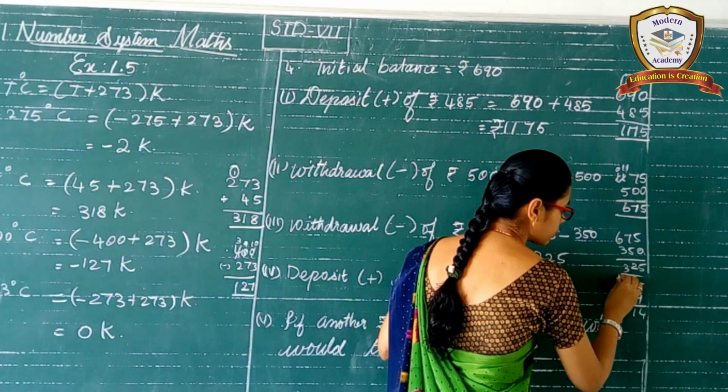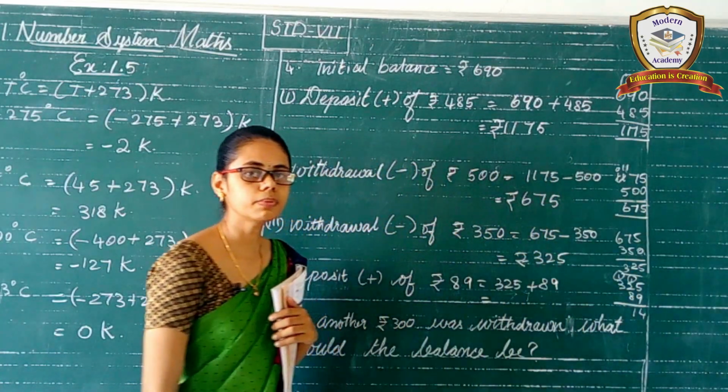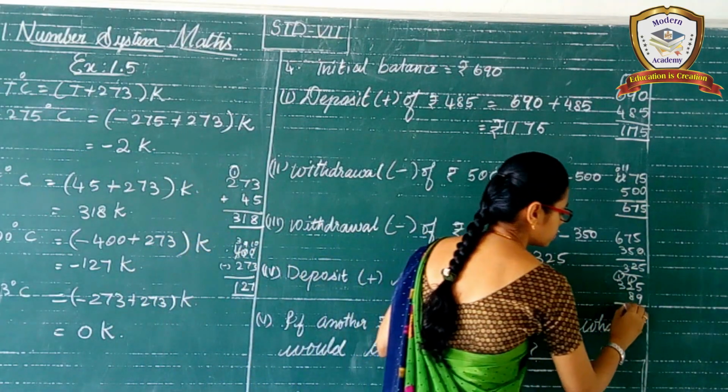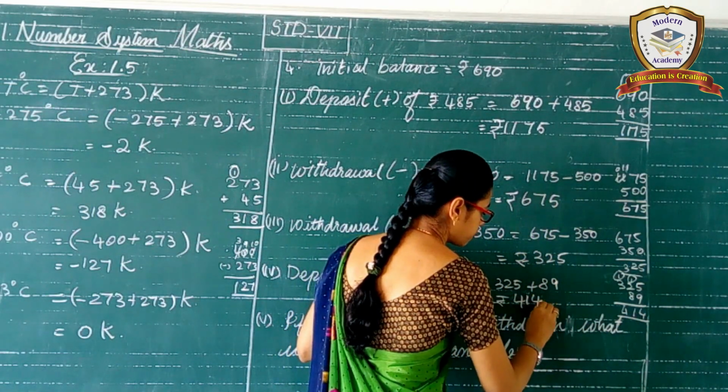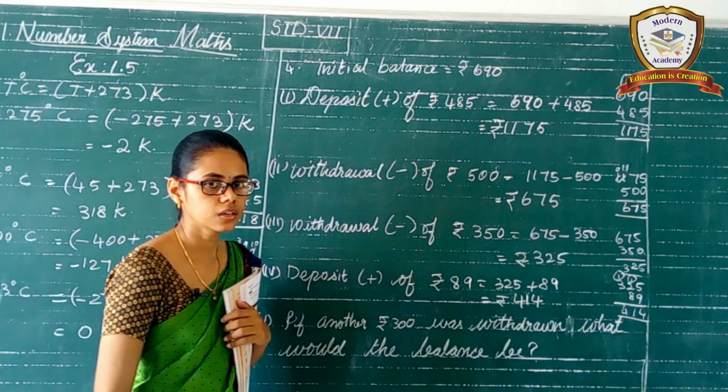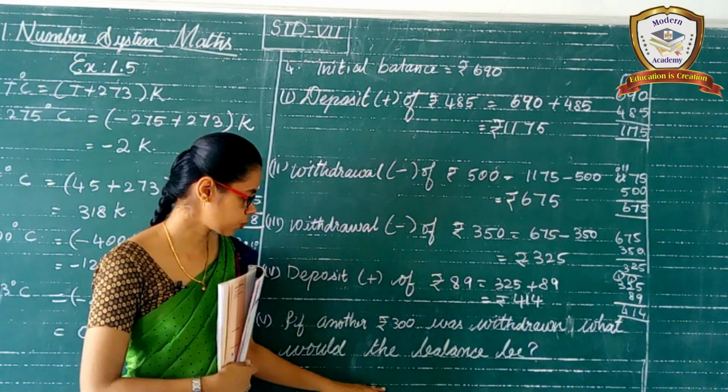So here 1 and 1 goes to the next number. So 1 plus 3, 4. So the amount is 440. Okay, clear?